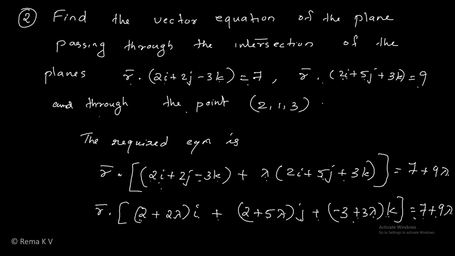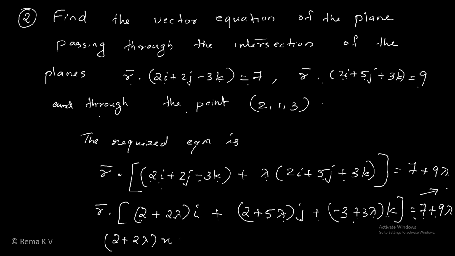And this point satisfies the equation. So you can substitute the value for x, y and z as 2, 1, 3. Solve and get the value of lambda. Okay, this can be written as 2 plus 2 lambda x.